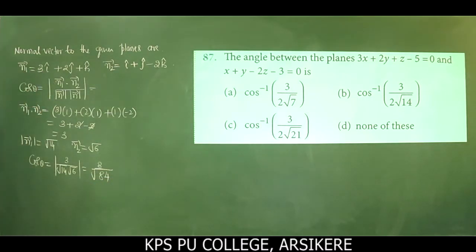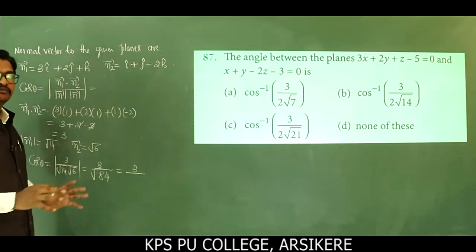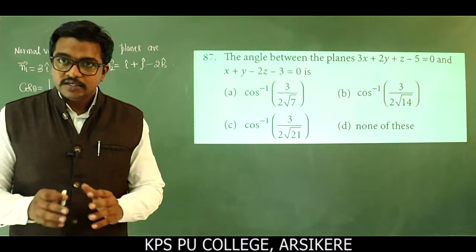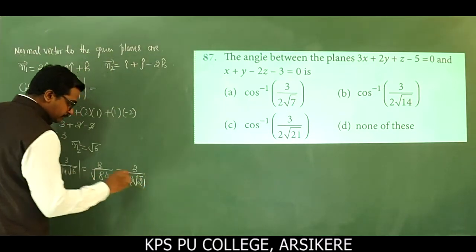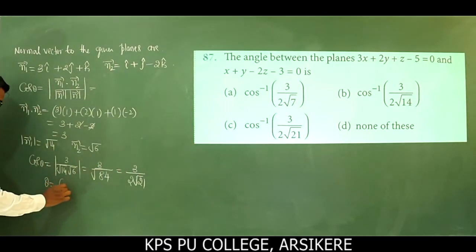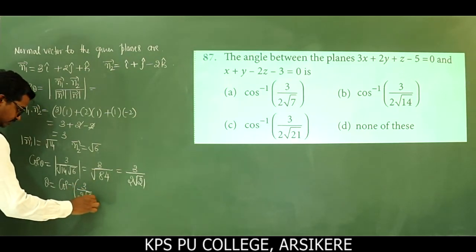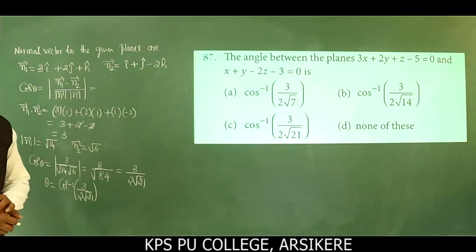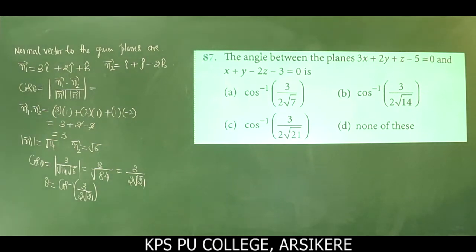So 3 divided by root 84. 84 can be written as 4 into 21. Separating the terms, we get 2 into root 21. Therefore theta is equal to cos inverse of 3 divided by 2 root 21. This is our answer. Option C is our answer. Take your pause and note it down.